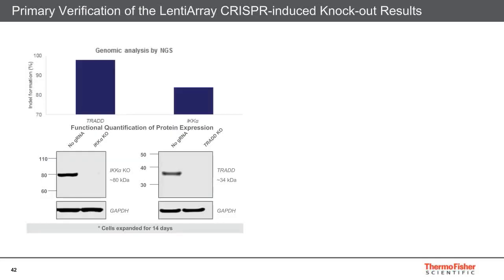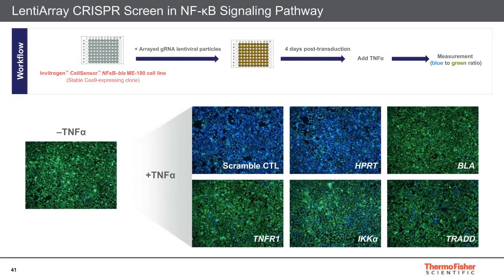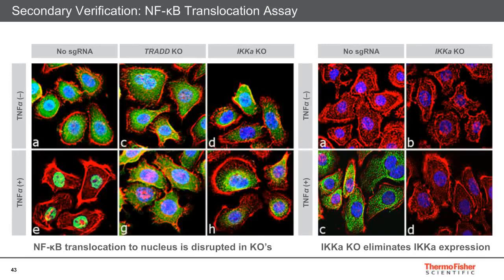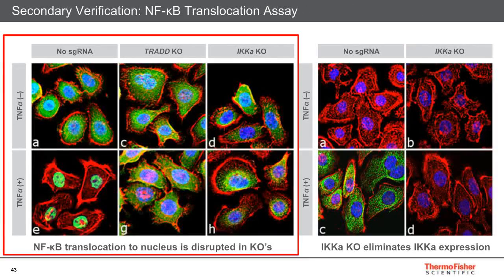On the right-hand side panel images, what you are seeing is NF-kappa B translocation to the nucleus upon TNF alpha activation, shown in the lower half of the left-hand side panel. And in the cells that are TRAD knocked out or IKK alpha knocked out, you do not see this NF-kappa B translocation to the nucleus, indicating that the pathway is disrupted.